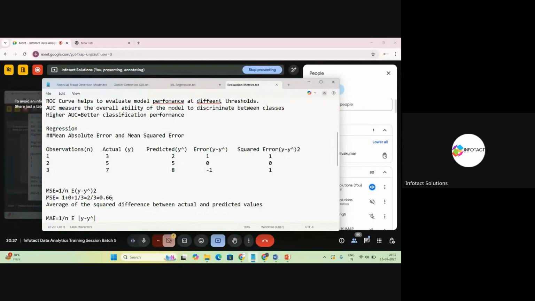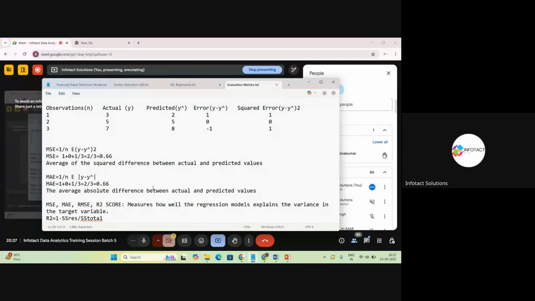It comes to around 0.67. This is the average squared difference between the actual and predicted values. This is a sample example of how to calculate mean square error. Are you getting it? Any confusion?